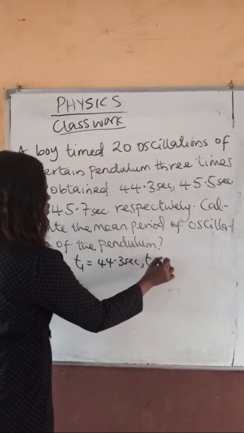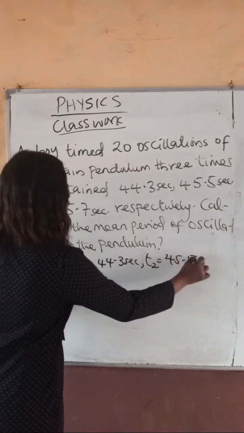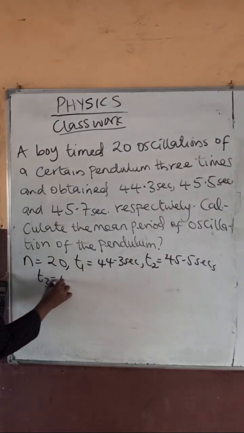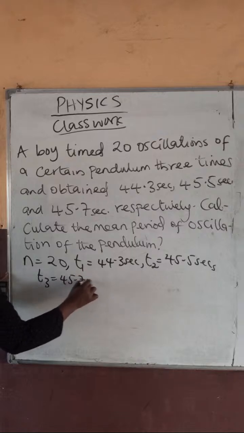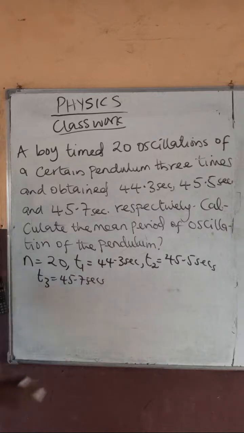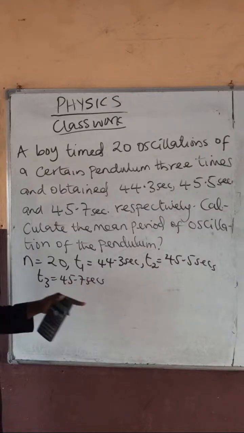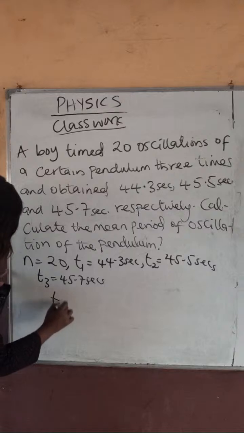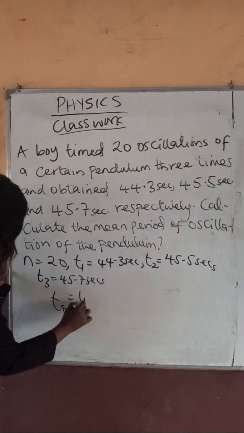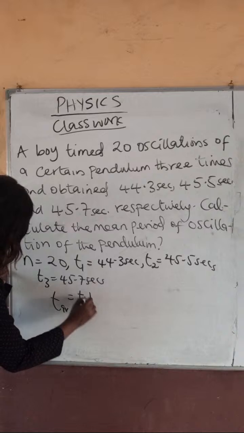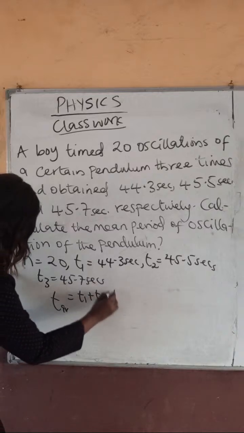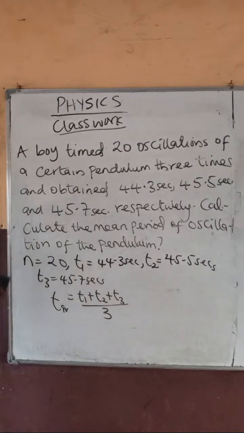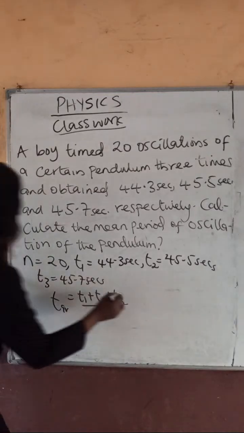Then T2 is equal to 45.5 seconds. Then T3 is equal to 45.7 seconds. Okay. Now what you're going to do is to get the mean time. So the average time is equal to T1 plus T2 plus T3 divided by what? 3, right?